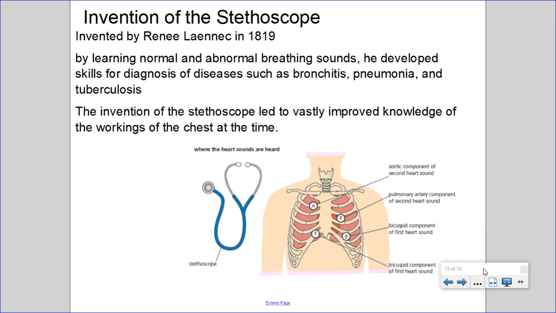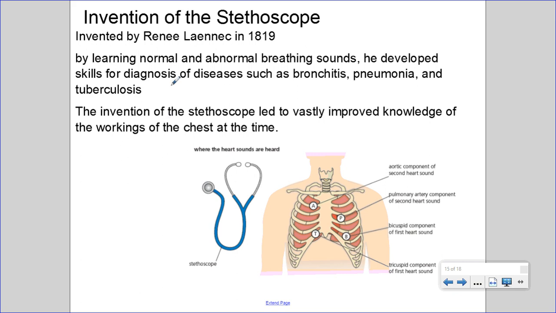One of the common tools now to determine if the cardiac cycle, or the heart, is performing as it should, is the stethoscope. The stethoscope was invented by René Laennec in 1819. So it's 200 years now since the invention of the stethoscope.